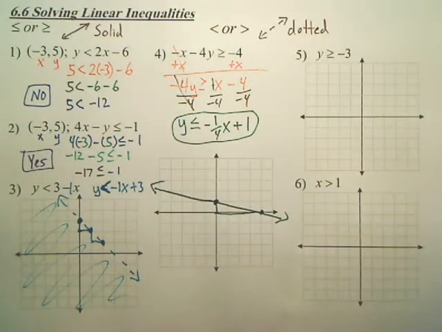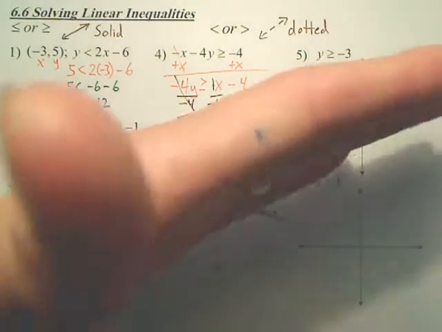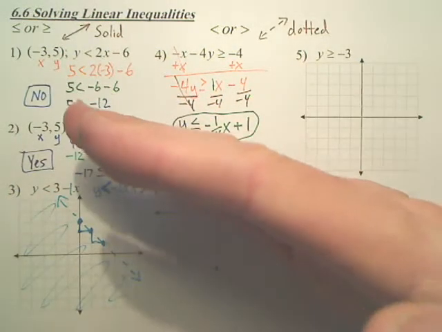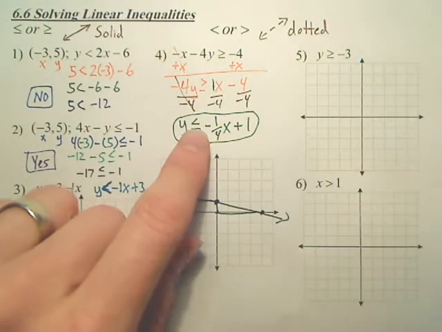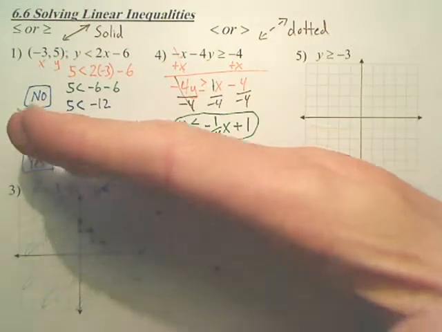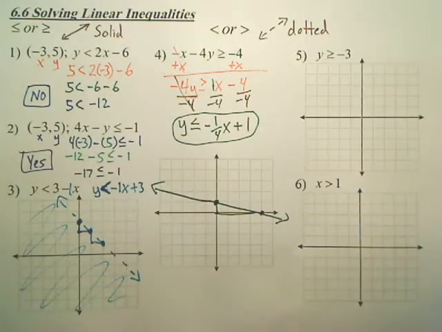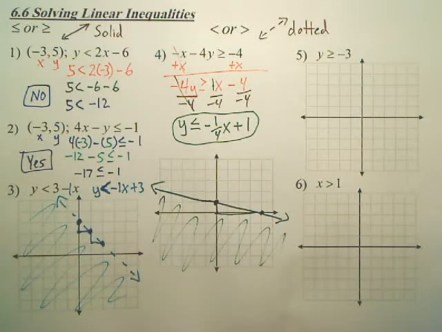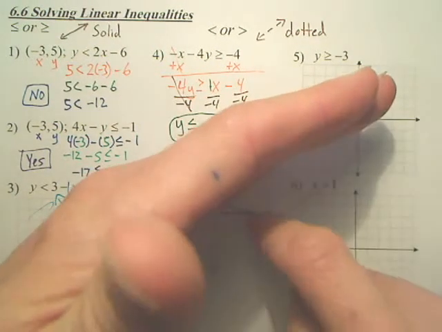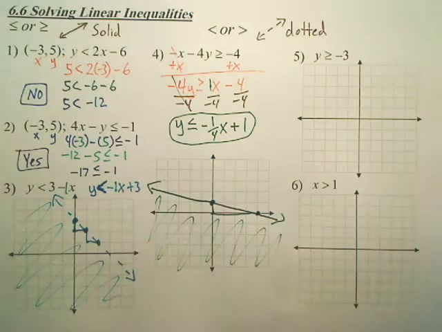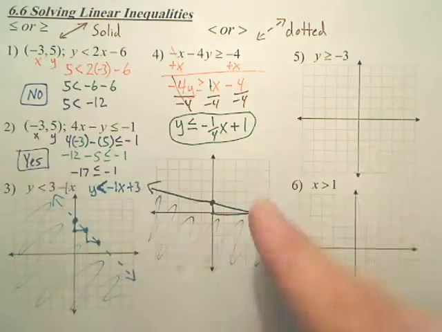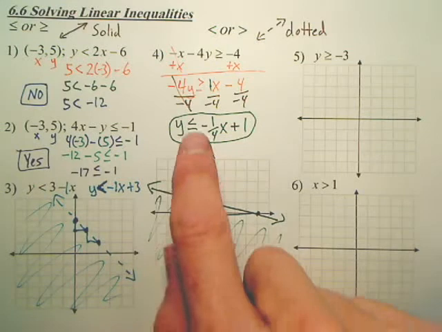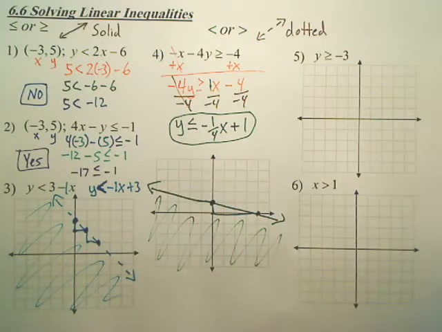Now, which hand is this, right or left? It's my right hand, and that's a less than, so it's the bottom of my hand, down here. So I shade down here. If my line went this way, my bottom is down here and the top is up here. In this one it's your right hand, bottom is down here. Less than is bottom.